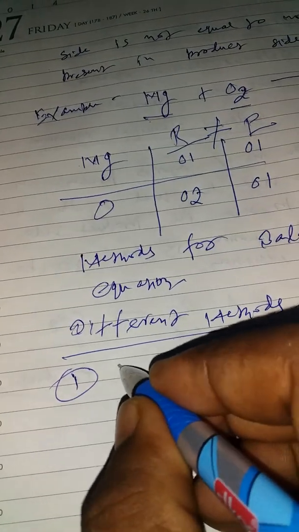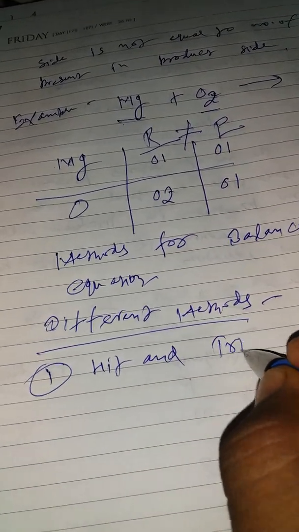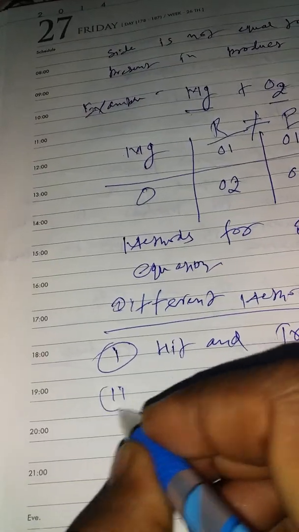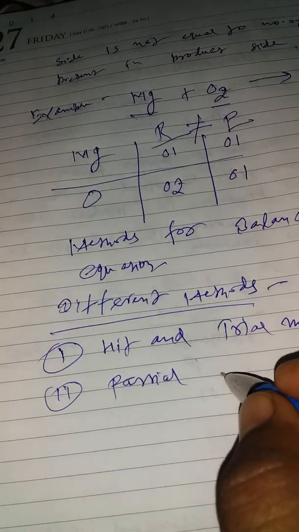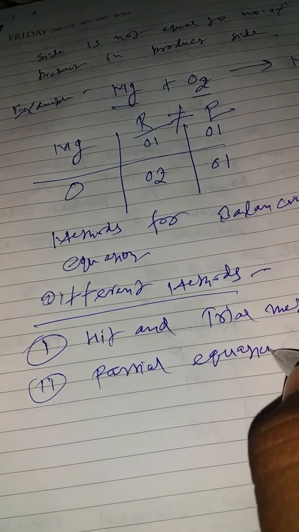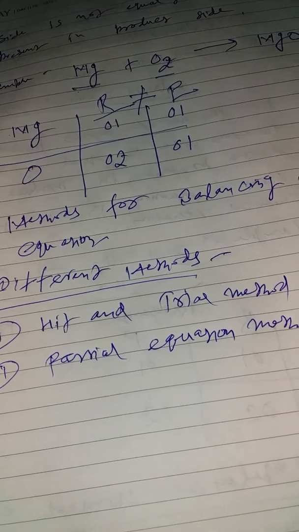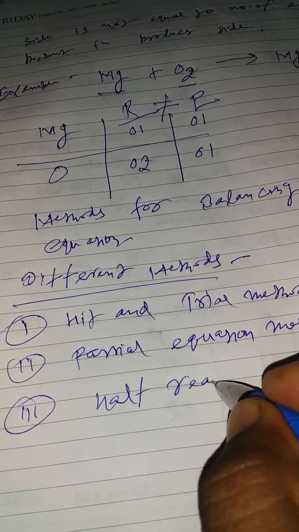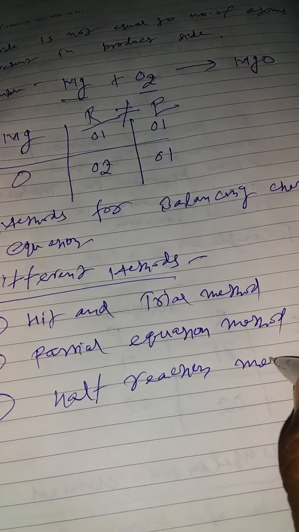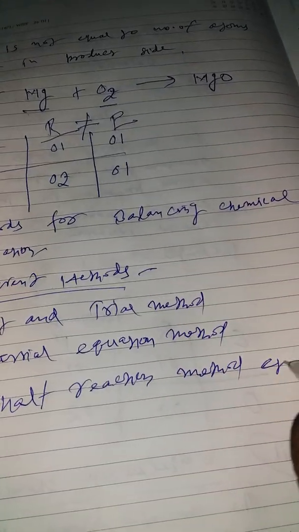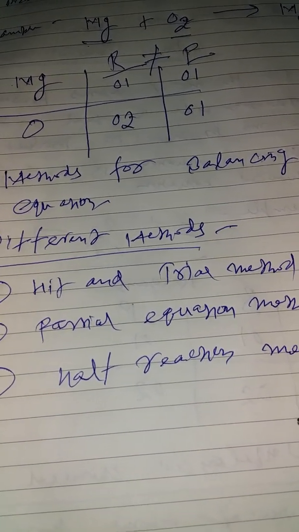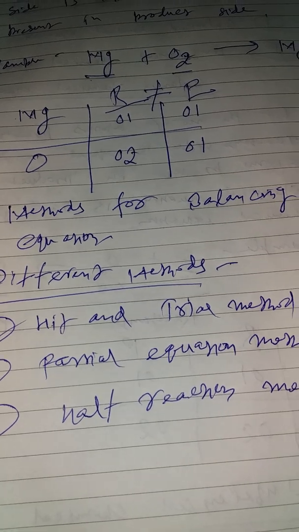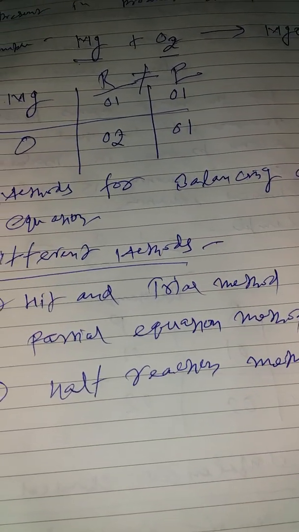One and most important is the hit and trial method, then partial equation method, half reaction method, etc. But in the syllabus of class 10th, we have to only discuss the hit and trial method, and the hit and trial method is the most important method for the balancing of chemical equations.